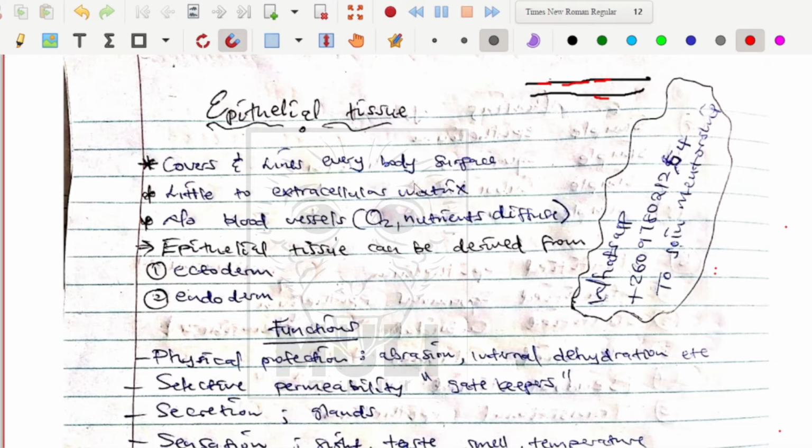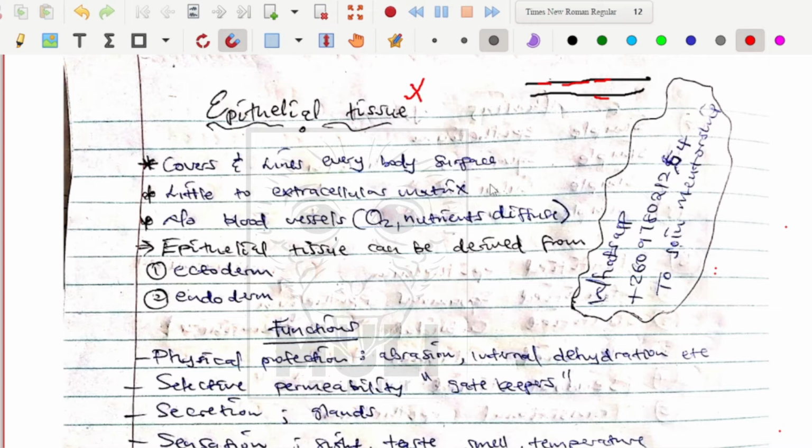They also have little to no extracellular matrix. This is the reason why they have no blood vessels. Oxygen and nutrients easily diffuse into these tissues because they are living things, not so? Otherwise, if oxygen and nutrients did not reach these tissues, they would die easily.